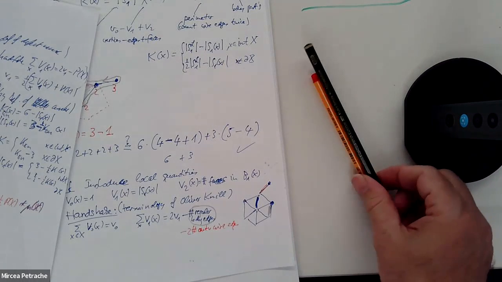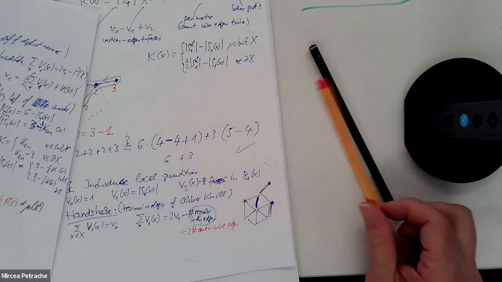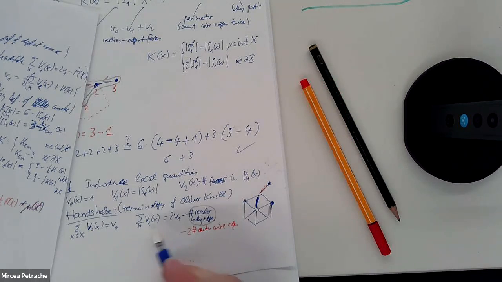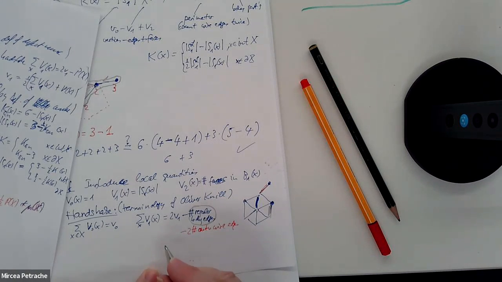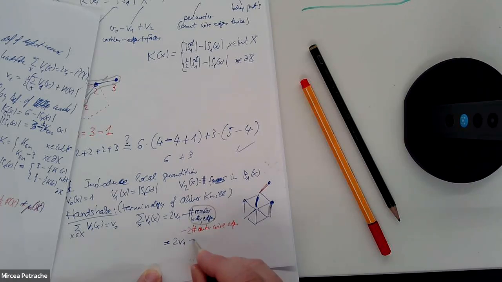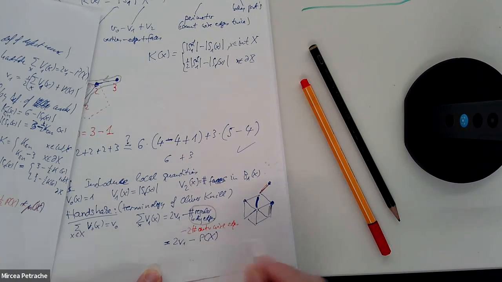By this simple definition, counting the edges like this, we get another way of defining the perimeter which I introduced. It's exactly 2v1 minus the perimeter.